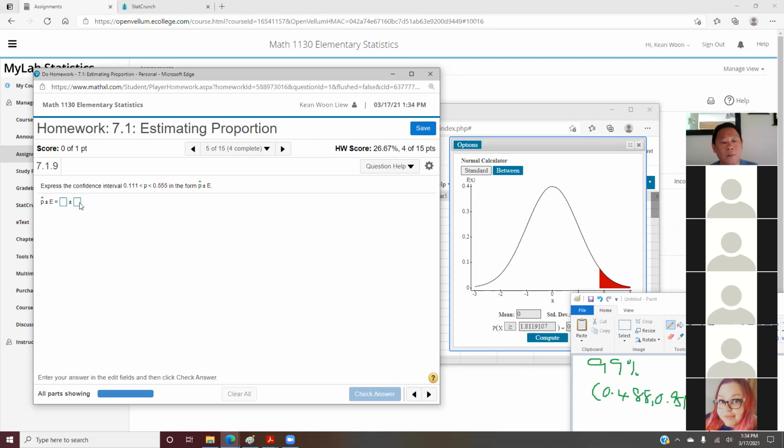And then the margin of error E, you subtract and divide by 2, right? Go ahead and do this. This is not tough, actually. It looks tough, but it's not. Without StatCrunch, it is tough. So it'll be 0.333 for p hat. Yeah, that's correct for p hat.